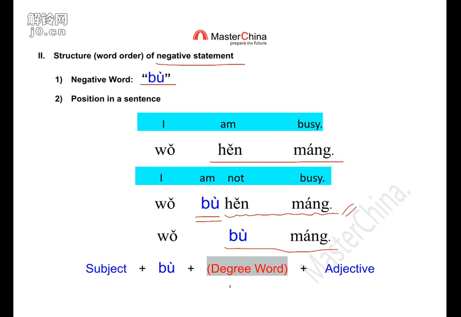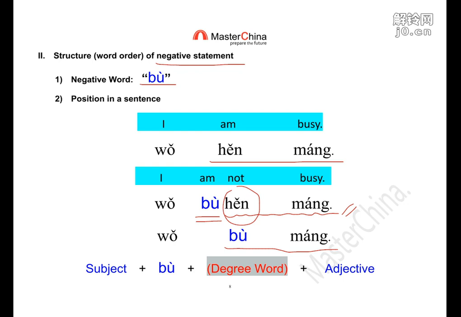So, okay, let's talk about the logic. Still, we need to talk about logic, not the academic knowledge. Logic is if you compare one sentence with a degree to another one without a degree. In English you say I'm not so busy. Why do you add "so"?